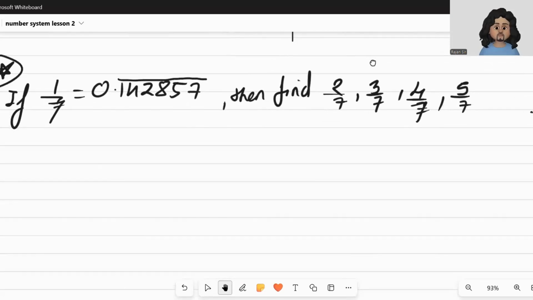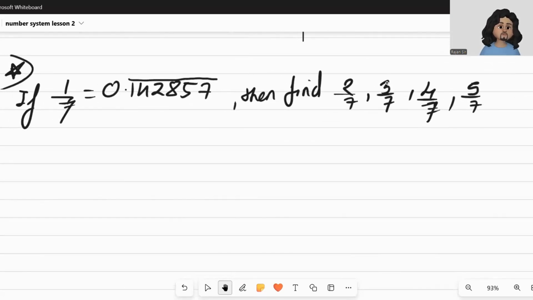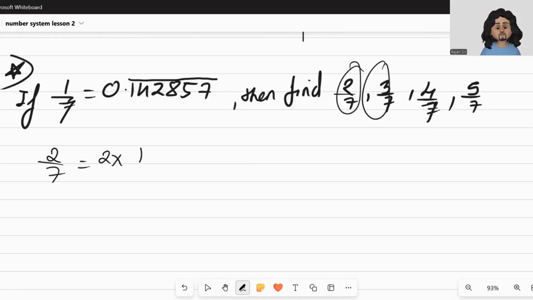Now this is a special kind of question. It's already given that 1 upon 7 is 0.142857 bar, which means the whole part is repeating. So using this information, can you find 2 by 7, 3 by 7, 4 by 7, 5 by 7, and so on? Now you can divide these as well, but this will take a long time. So better, 2 by 7 we can write as 2 into 1 upon 7, so that is 2 into 0.142857 with the whole bar.